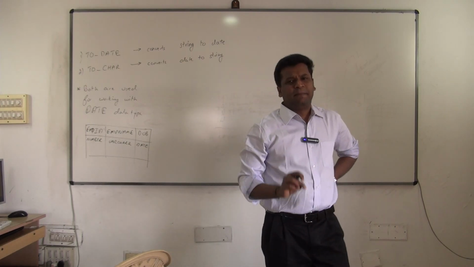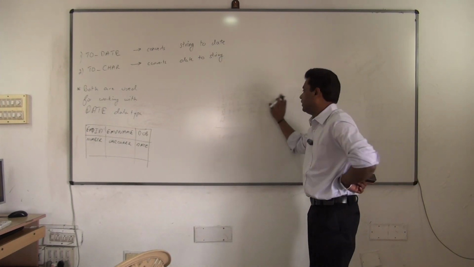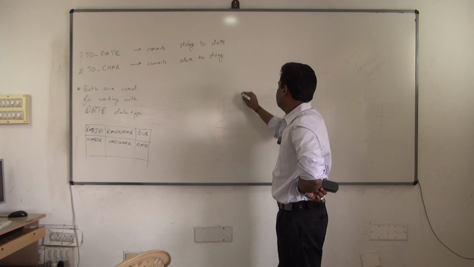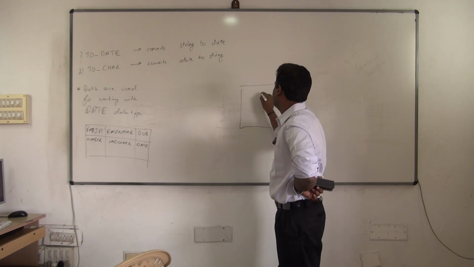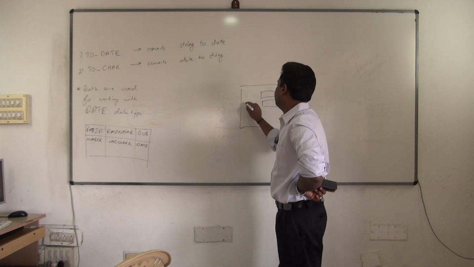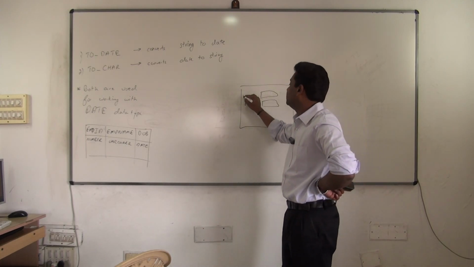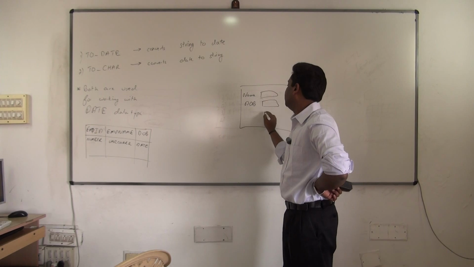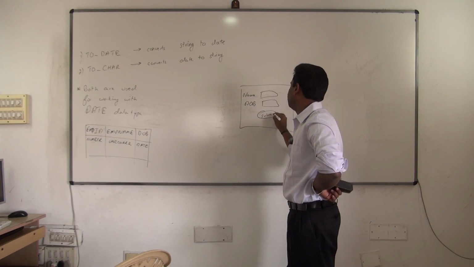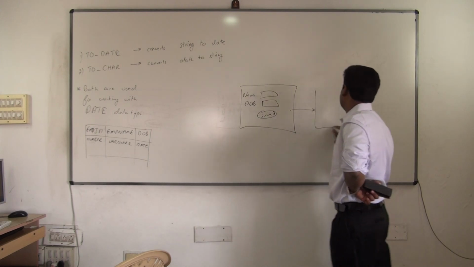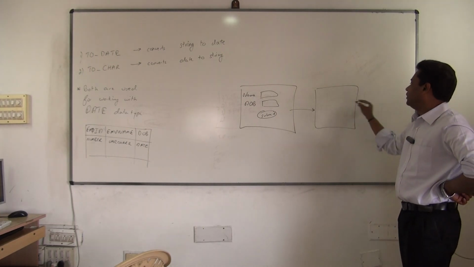Okay, see from practical application point of view, what exactly happens is, as I keep telling you, if this is your UI, he might be selecting date of birth here. He'll be entering his name and he might be entering date of birth and he'll submit. So what happens now? It will come to your application.